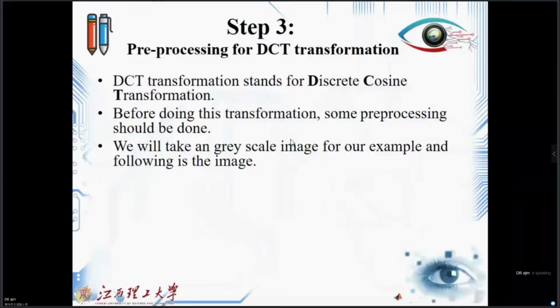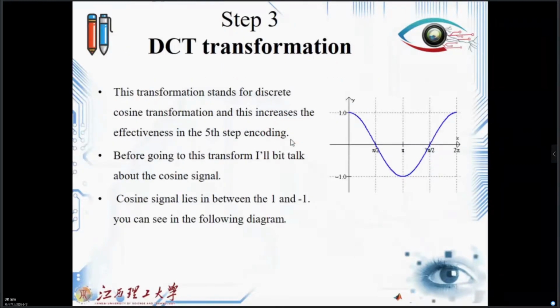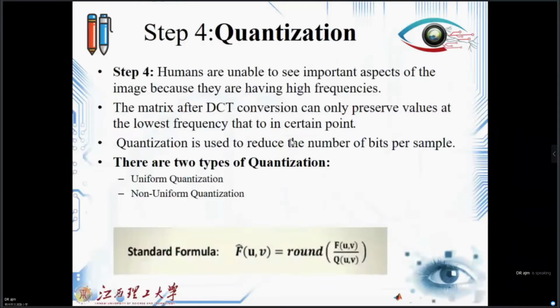This form of transformation is effective in the 5-step encoding. And before going to the transform, we can talk a little bit about this cosine signal, which lies between 1 and -1, as you can see in this figure.